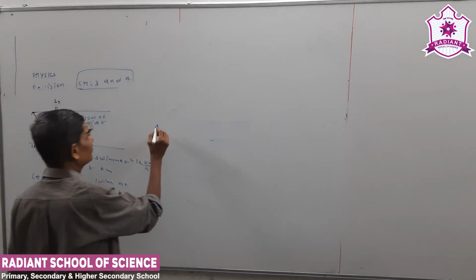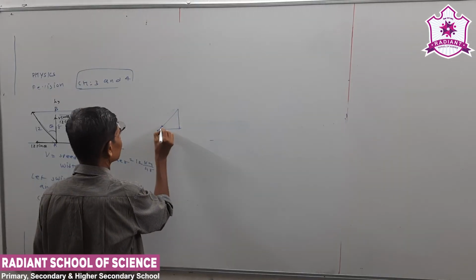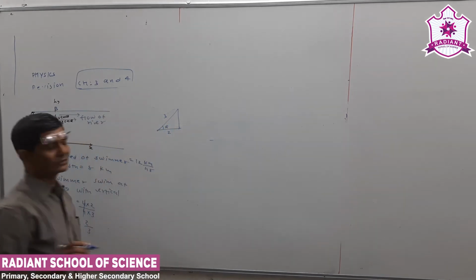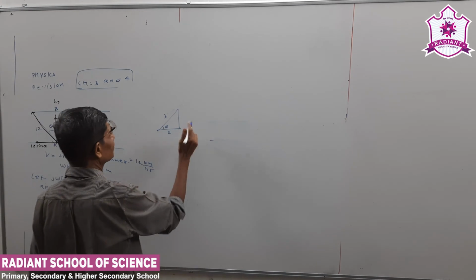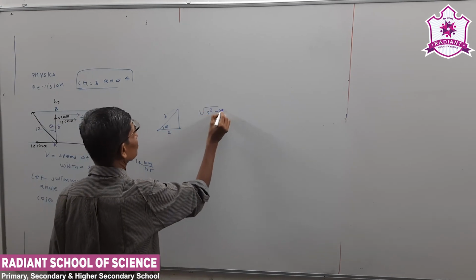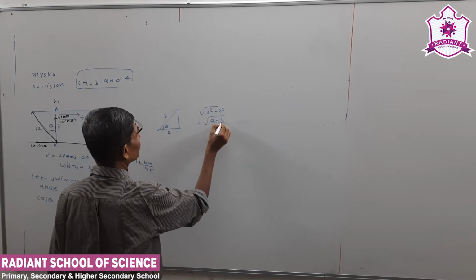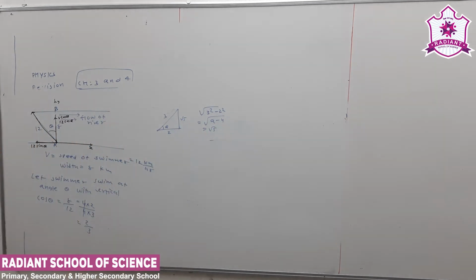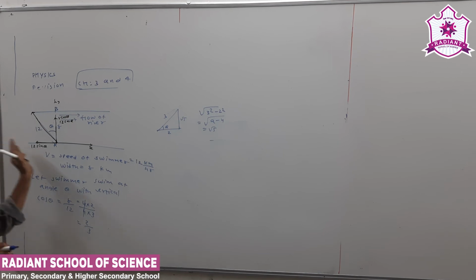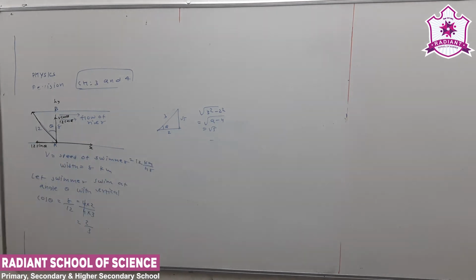Our cos theta is 2 by 3, so this side will be root of 3 squared minus 2 squared, 9 minus 4, root 5. The component of velocity responsible in the horizontal direction is 12 sin theta.